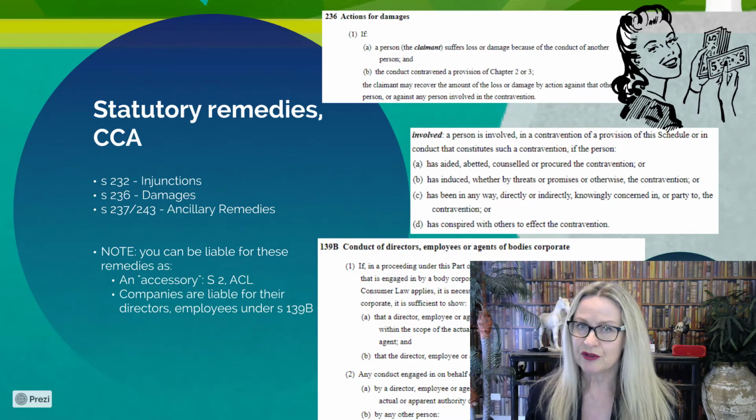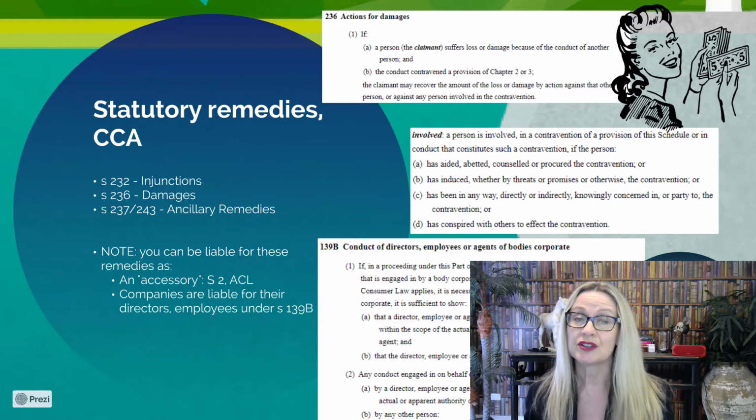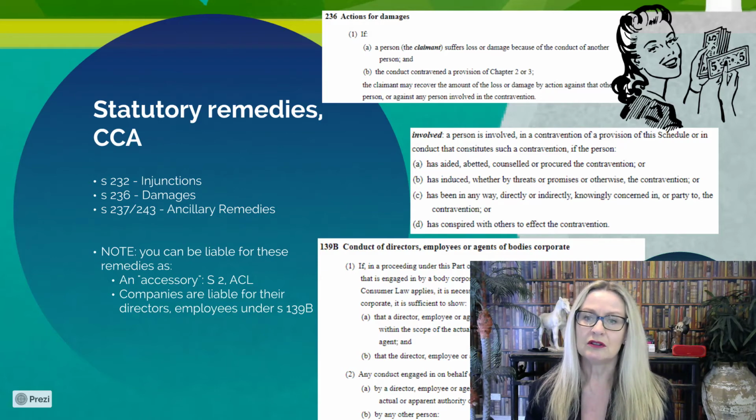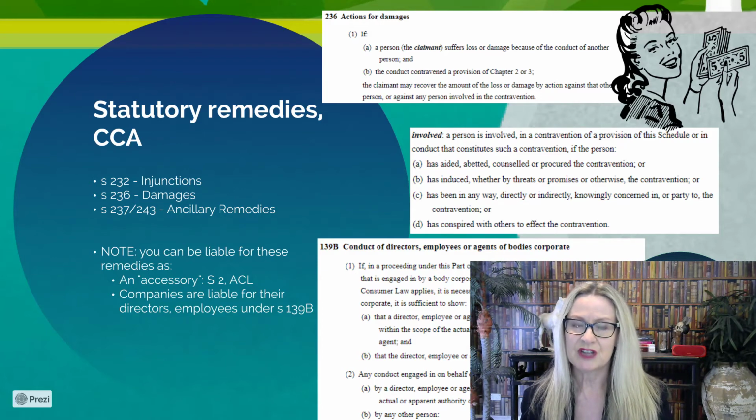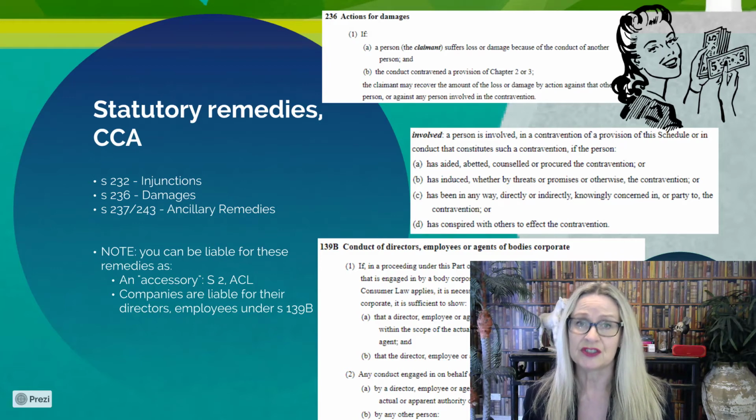Looking first at 236 damages, there's one thing that you first need to kind of mentally flag here, and that is these damages are calculated on the tortious measure, not the contract measure. So like with damages in tort for deceit or in tort for negligence, when we're looking at the common law action for misrepresentation, here under the ACL, if there has been misleading or deceptive conduct, the damages will also be compensatory.